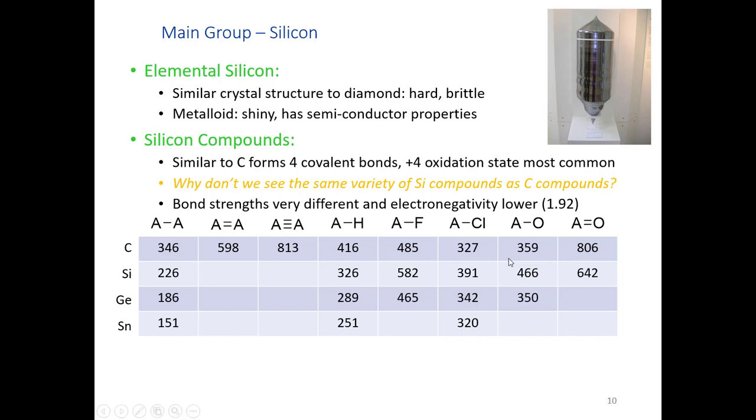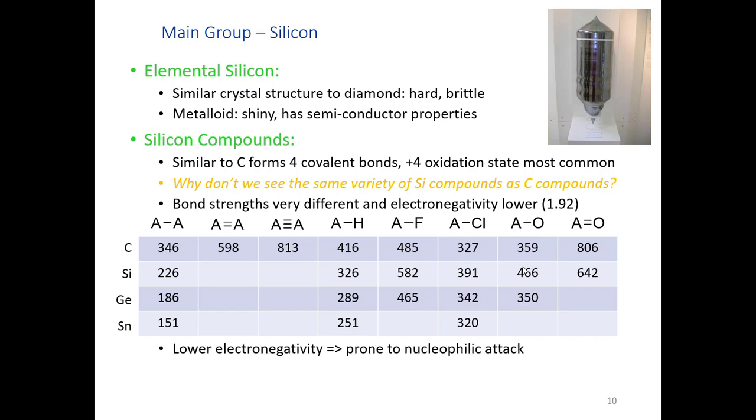Lastly, if we look at the bond strengths of carbon-chlorine bonds and silicon-chlorine bonds versus carbon-oxygen bonds and silicon-oxygen bonds, we can see that there is a much larger driving force to form silicon-oxygen bonds, which we will see in a couple of slides. These are all the reasons why carbon and silicon chemistry are so distinct from one another.